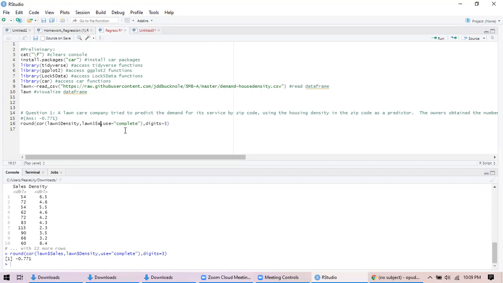So density and then sales. Okay, so that makes density the predictor, and what you're trying to predict, the response, is sales. You're still getting the same thing because it's pretty much a correlation.